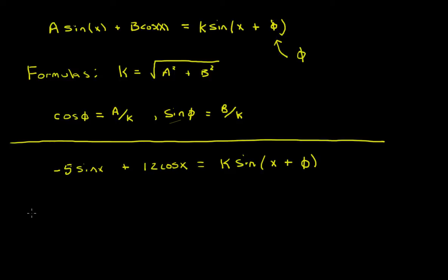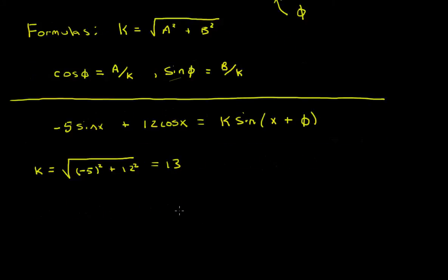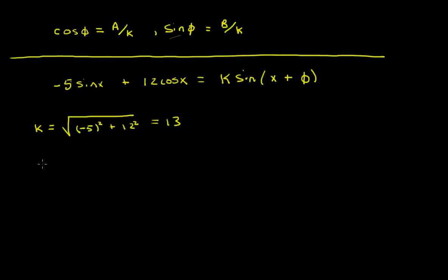So still, we've got K is 13. It's going to be the same because it's going to be the square root of negative 5 squared, which of course is still 25, and 12 squared, so 13. And as pointed out several times now, the difference will be, you have to slow down here on finding your phase.